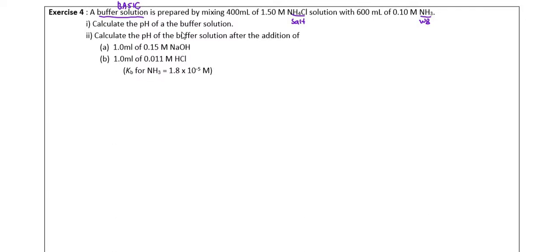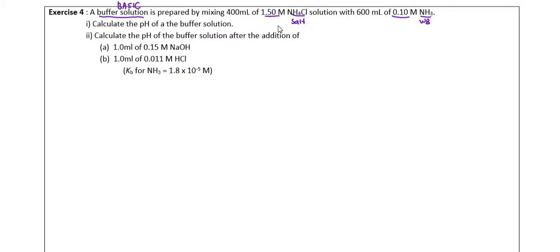But this time, you cannot directly include the values given in the question in your formula, because this molarity only refers to 600 ml and this molarity only refers to 400 ml. But the basic buffer solution is the mixture of 400 and 600 ml.